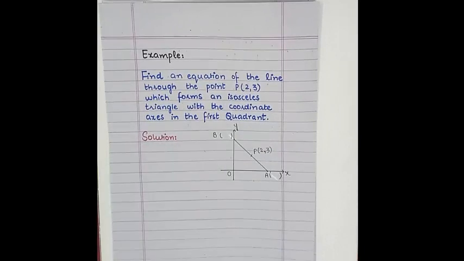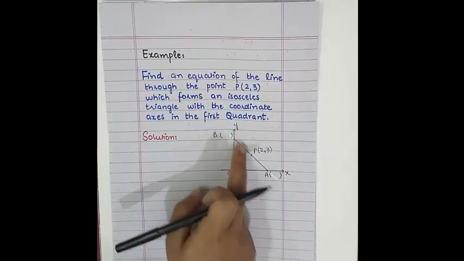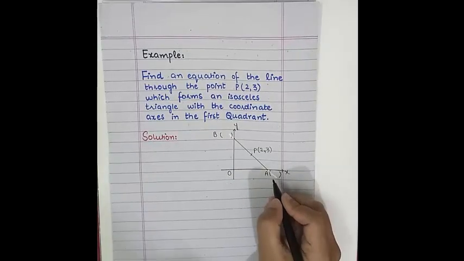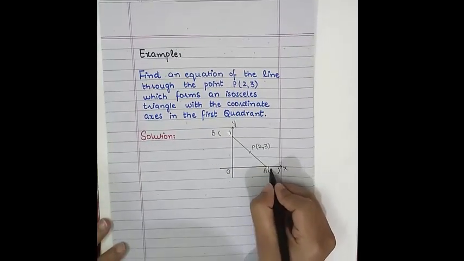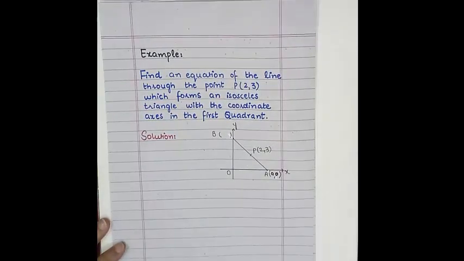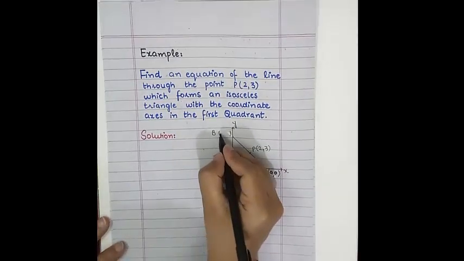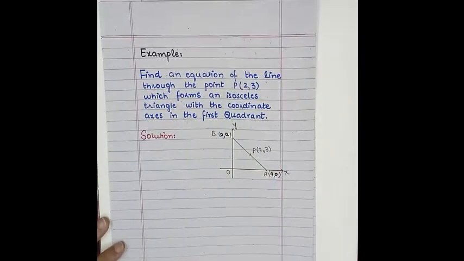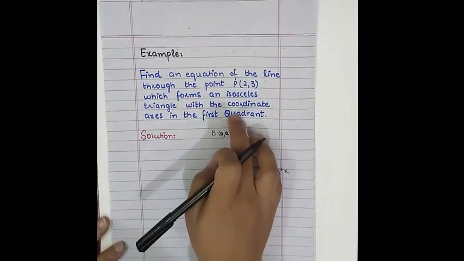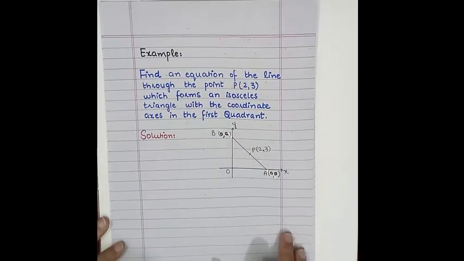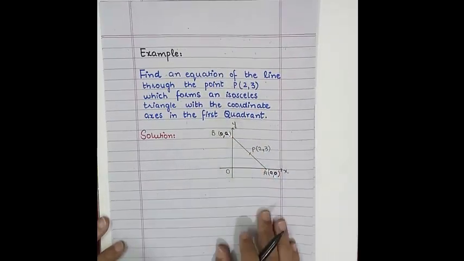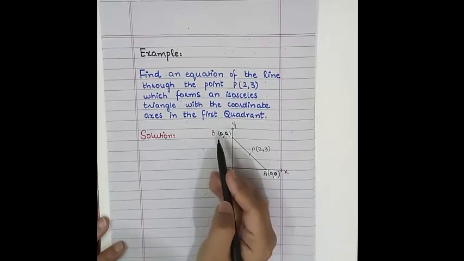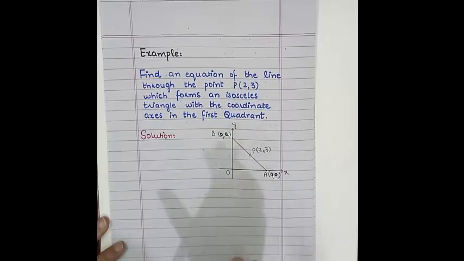This is the first quadrant. So we have to find the equation of this line. The coordinates are (a, 0) and (0, a). Let OAB be an isosceles triangle so that the line AB passes through A and B, where this a is some positive real number.